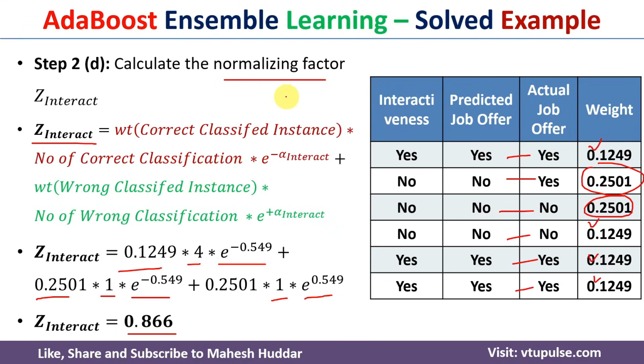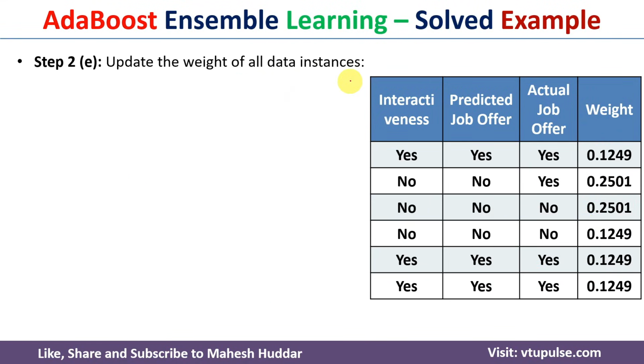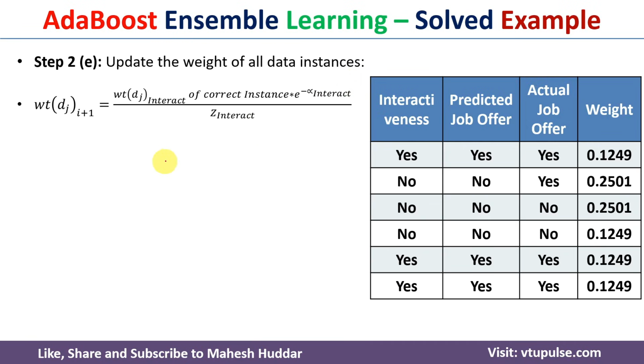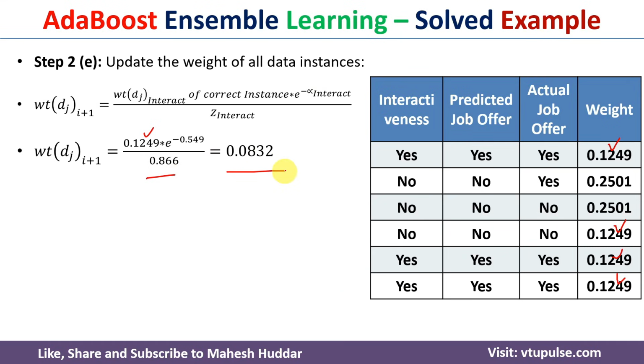Now, once you get the normalizing factor, the last step is to update the weights for all data instances. Again, we have to update the weights based on the weight as well as the correct and incorrect classifications. For correct instances, as said earlier, 1, 2, 3, 4, these are the correct instances and the weight is the same here. So that is what I put here, and then e raised to, again, the weight of the weak classifier divided by Z interact, which is equal to 0.80832.